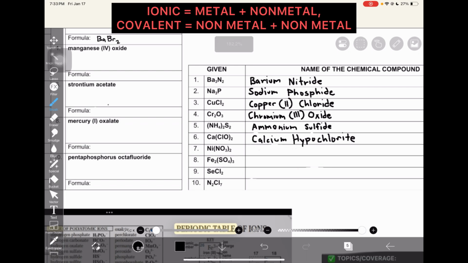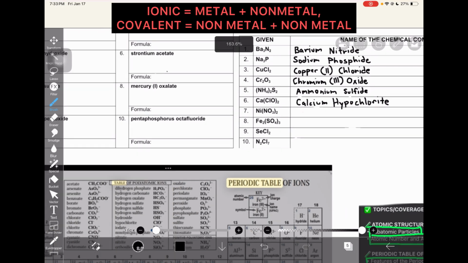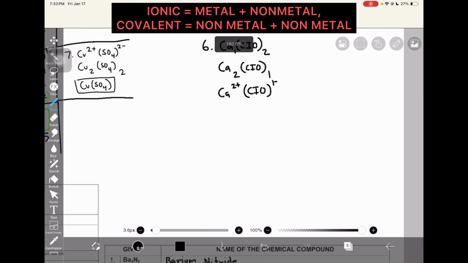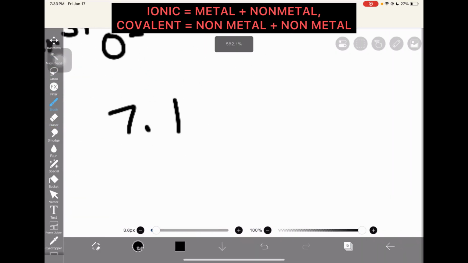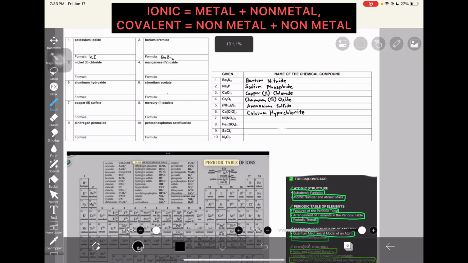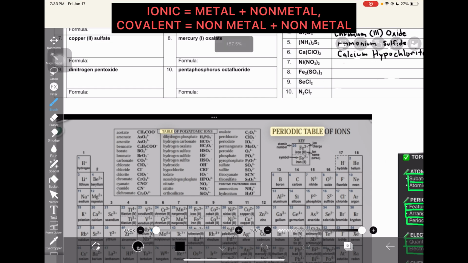So next is nickel, and then we have NO3. Now, this time we're mixing polyatomic ions with transition metals, so we need to actually do this now. So, nickel, then we got NO3.